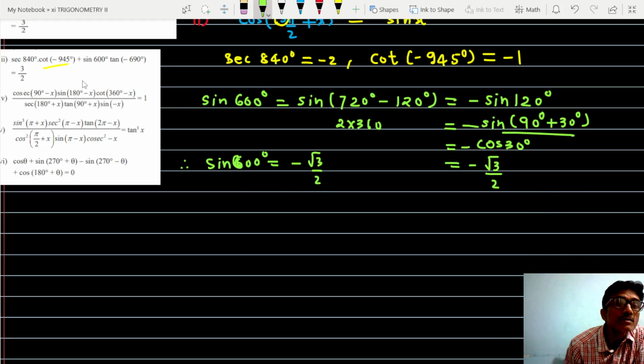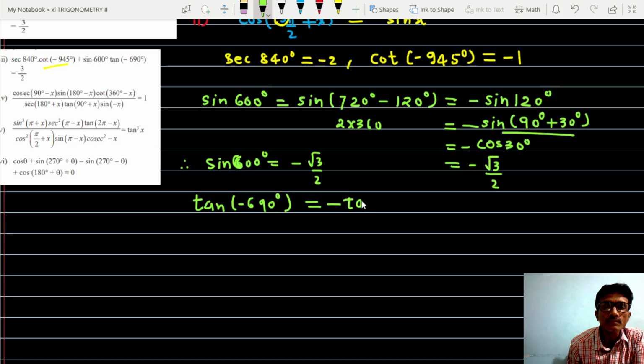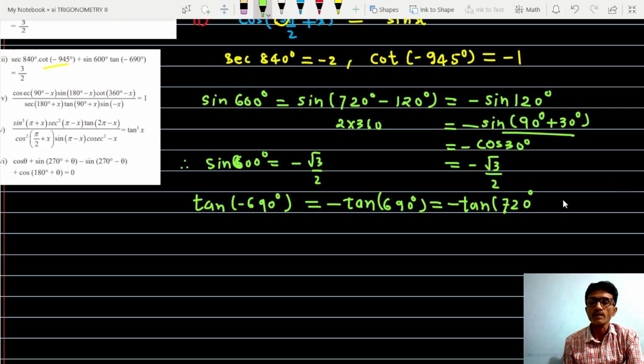Then the next value is tan of minus 690 degree, which is minus tan of 690 degree, since tan of minus theta is minus tan theta. You can write it as tan of 720 degree, which is a multiple of 360 degree, minus 30 degree.